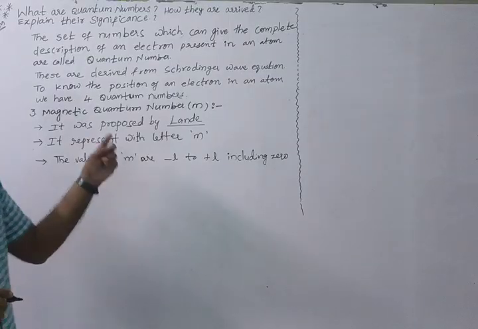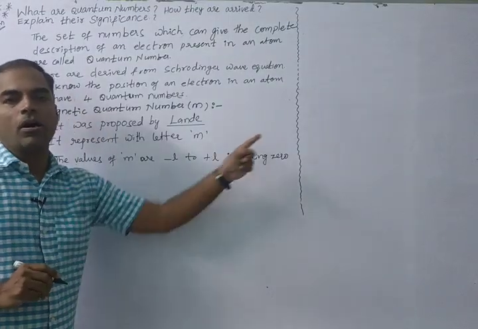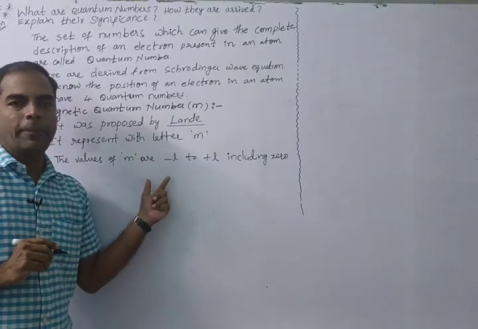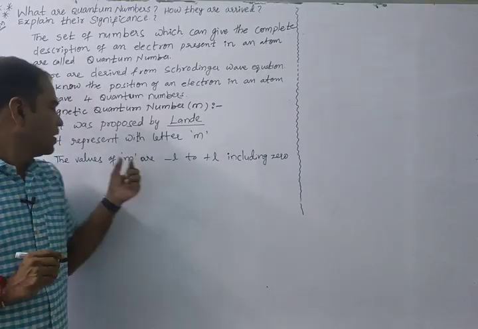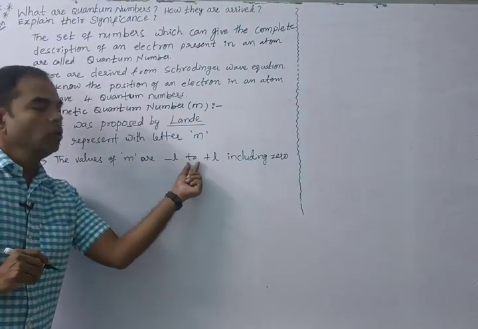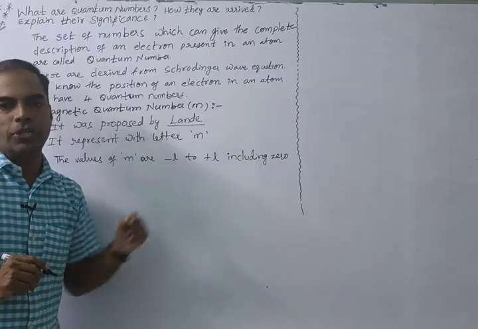That means m values are dependent on the angular momentum quantum number, on l values. The possible m values start from minus l to plus l including 0.